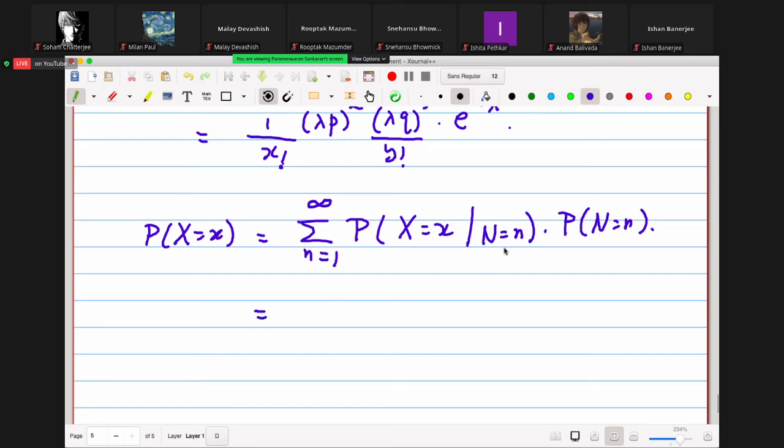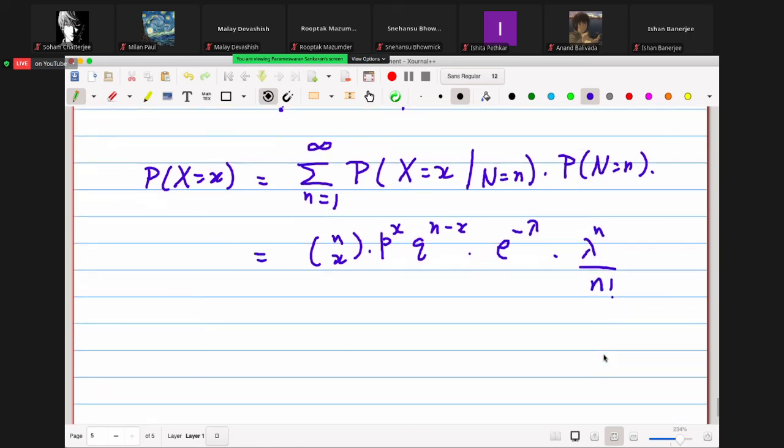And now it's actually a binomial thing here. n choose x, p power x, q power n minus x. And then what is this? So this computation I have done exactly as before, e power minus lambda times lambda power n by n factorial.